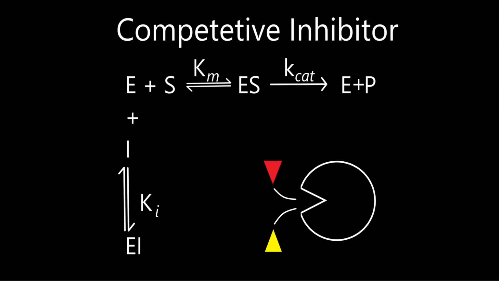First of all, there's the competitive inhibitor. As you see here, these reaction arrows go back and forth. That's because, depending on the kinetic energy delivered here by these k variables, it is decided whether the inhibitor or the substrate enters the enzyme.